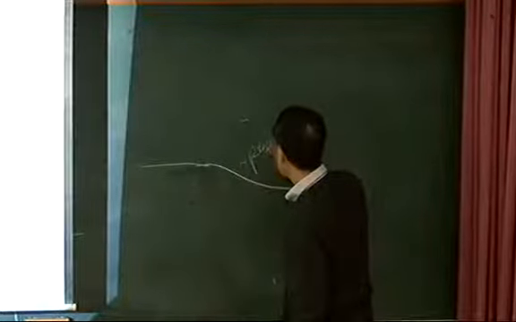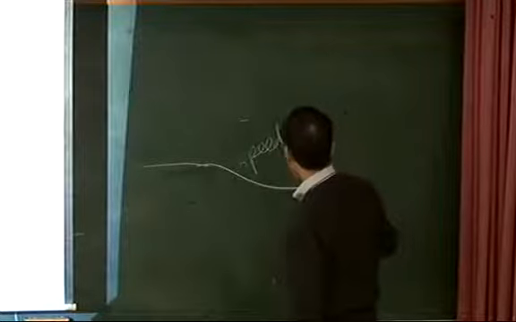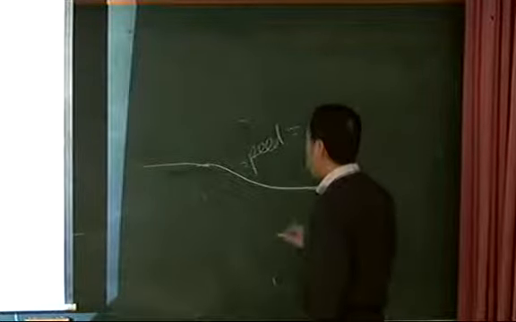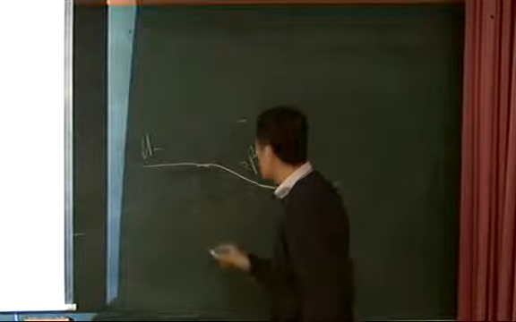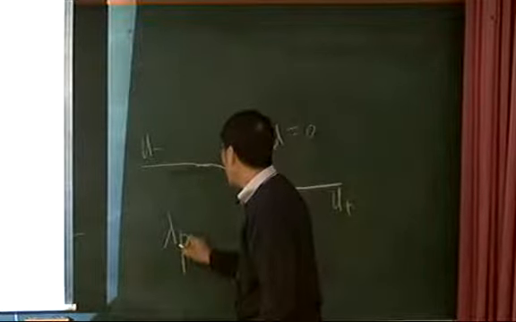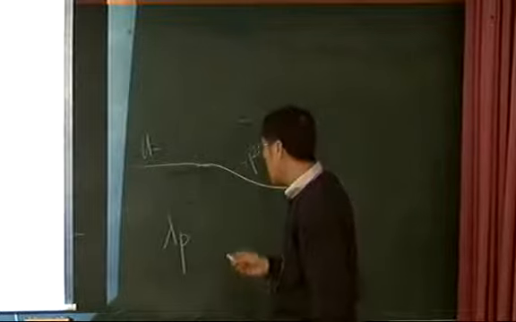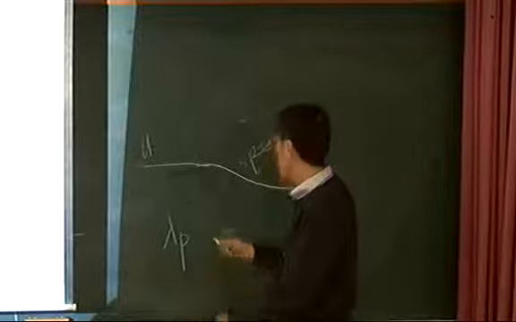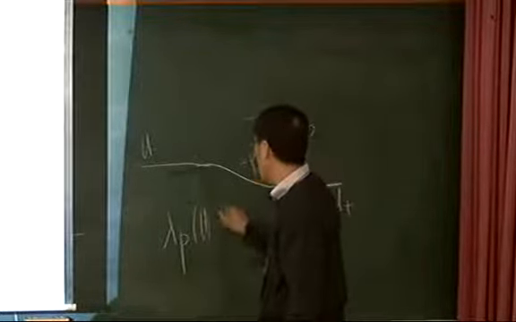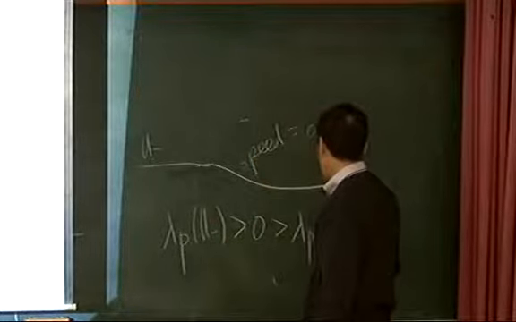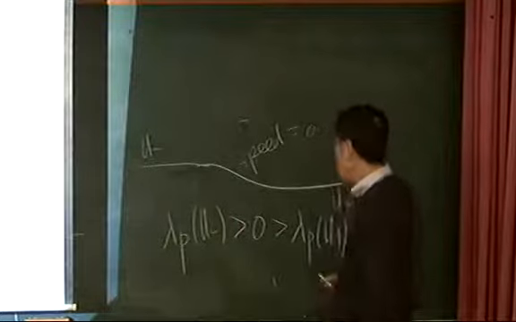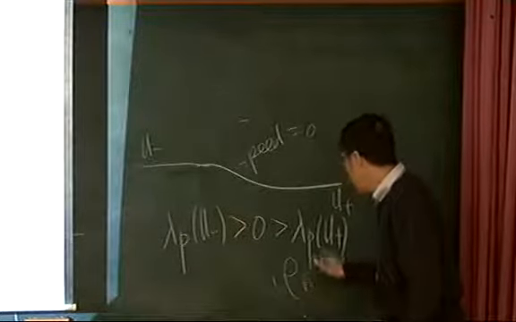And if I make the speed to be 0, and it connects the states u plus to u minus, then the shock wave itself will be compressive, which means that lambda p, the characteristic that compresses to form the shock, at u minus will have to be greater than 0, greater than lambda p at u plus. And this is called the entropy condition.